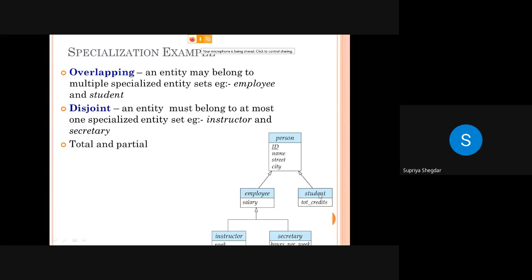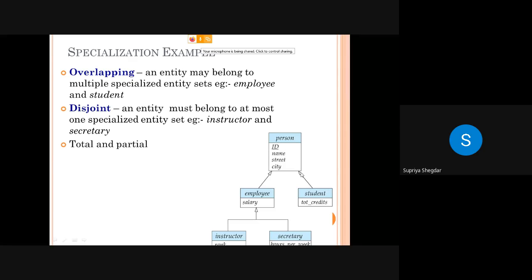For example, instructor and the secretary. Okay, so the instructor and the secretary, they are inheriting the data from the employee, so it is called as the disjoint. And overlapping means if the entity is belonging to multiple entity sets, then it is called as the overlapping. Okay, so it is the example of the specialization.